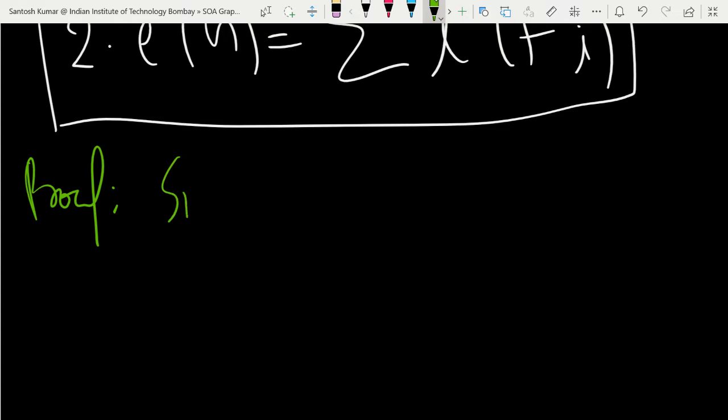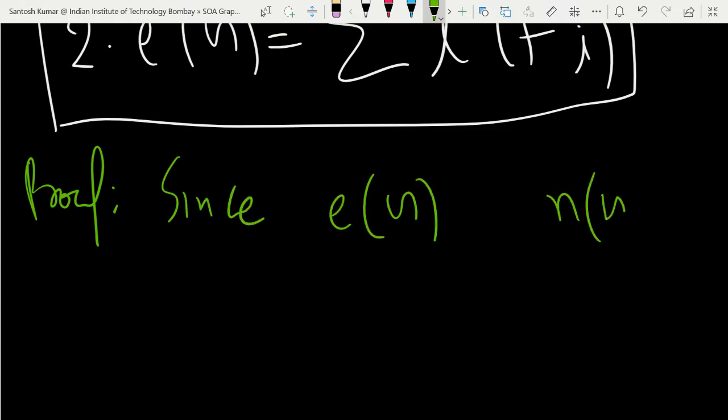What is the relation between the number of edges in G and the number of edges in G star, its dual graph?